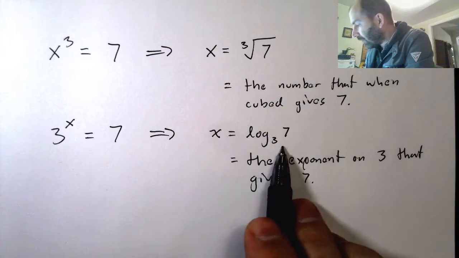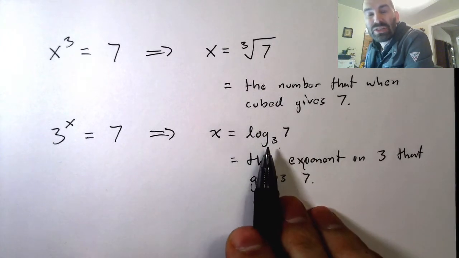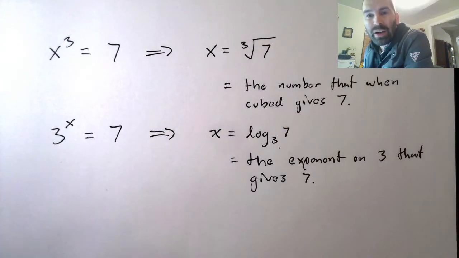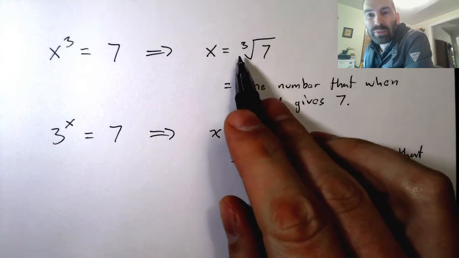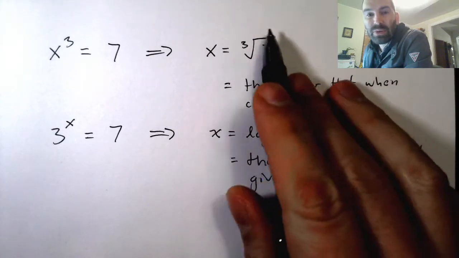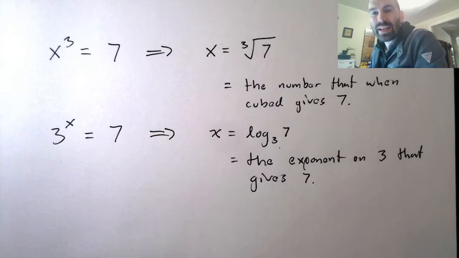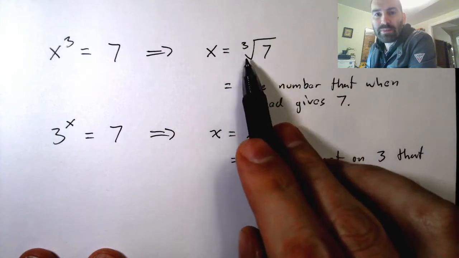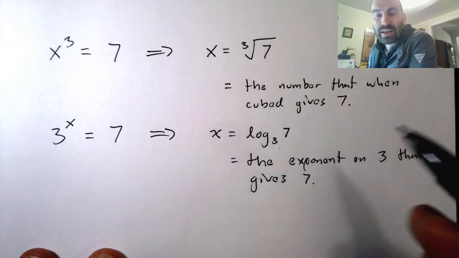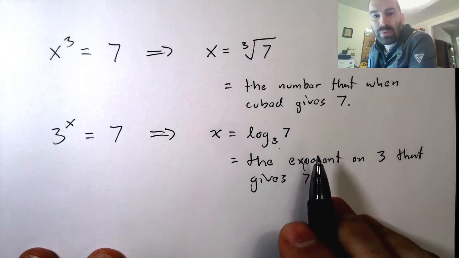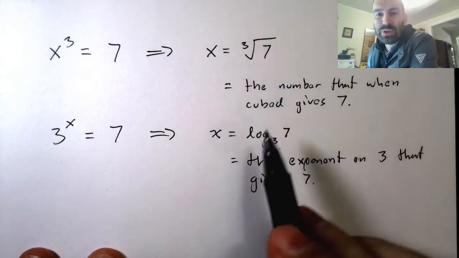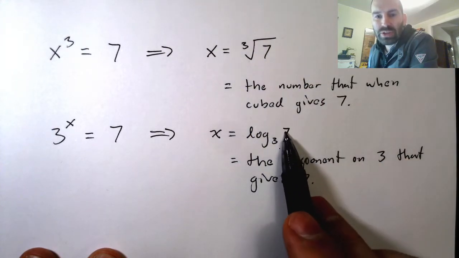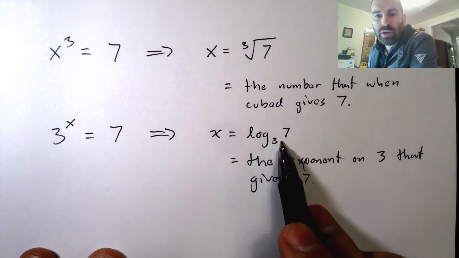So this might look really mysterious to you right now, but that's because you're just not used to it. The cube root of 7 is very mysterious to people. What does this symbol mean? Where does that come from? If you've never seen this symbol before, this is going to blow you away. But when you get used to it, you come to terms with the fact that it means this, and then we can get an idea of what number it represents and where it is on the number line. Well, we're doing exactly the same thing. We're using some new symbol. Instead of this funny shape here, we're using this word, log, with a little subscript here.